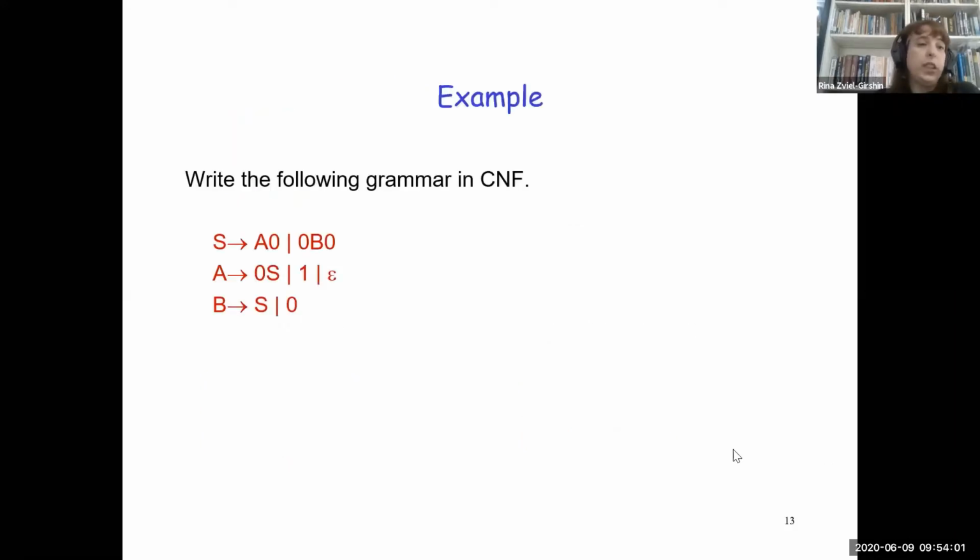At the end of the lecture, I talked about Chomsky normal form of the grammar. The idea of Chomsky normal form is that for each variable, we have either a derivation of a single letter or a derivation of two variables.